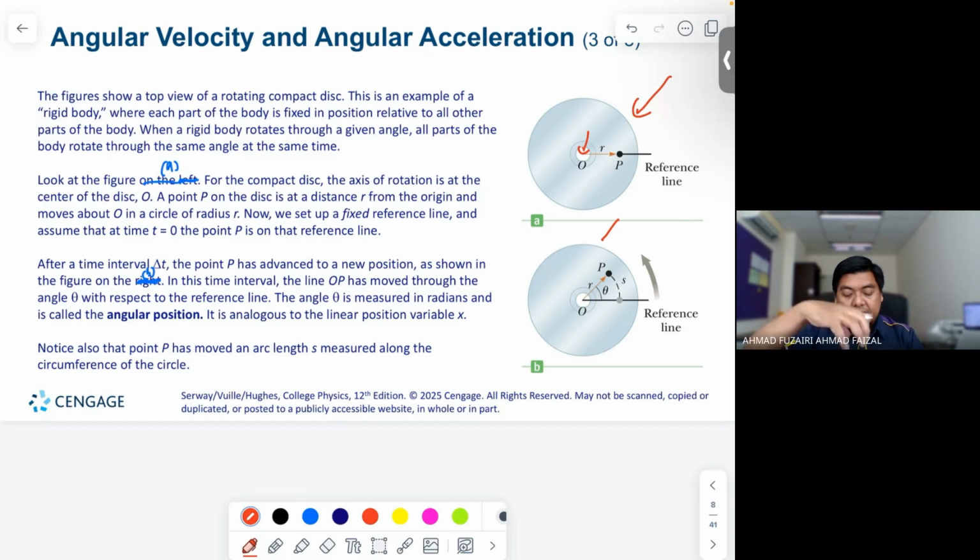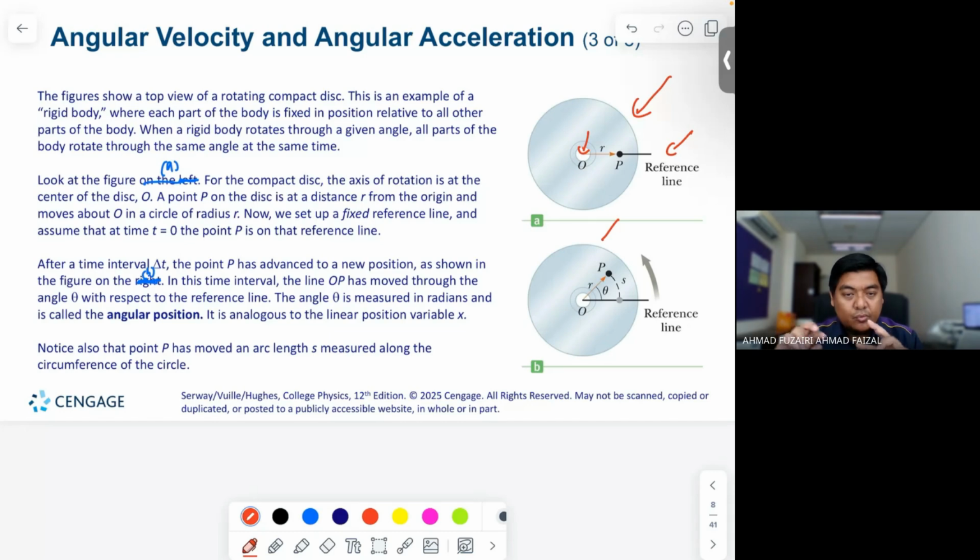Of course, when you look at the top view of the compact disc, we cannot see anything. It's just maybe a slight figure, like a mirror. Maybe we can put a figure on the top view of the disc. So this is like an imaginary reference line; we just took one line as a starting point.